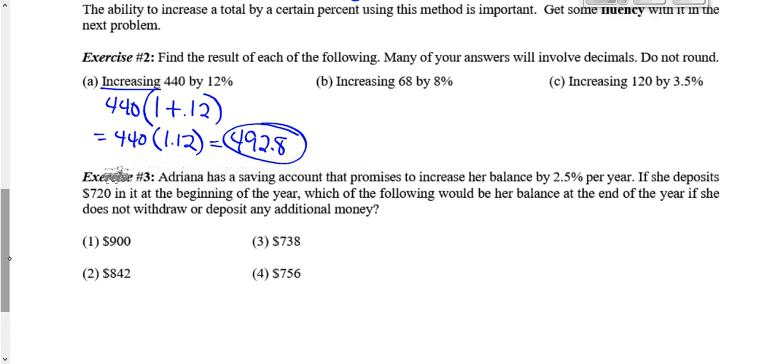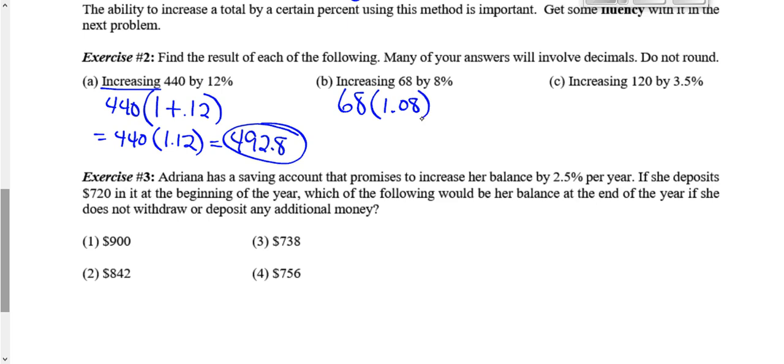So you guys go ahead and take a second and do B and C, all right? Remember, you're not just multiplying by 8%, you're increasing it by 8%. All right? Everybody do that right now. B and C. Is this what you'd multiply by, guys?